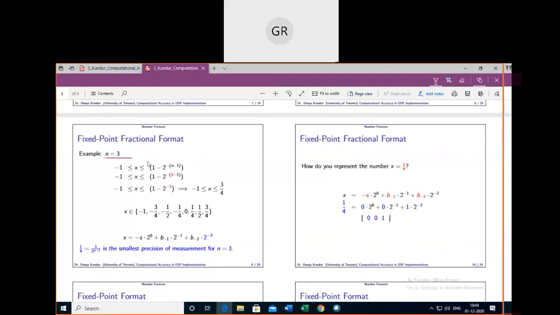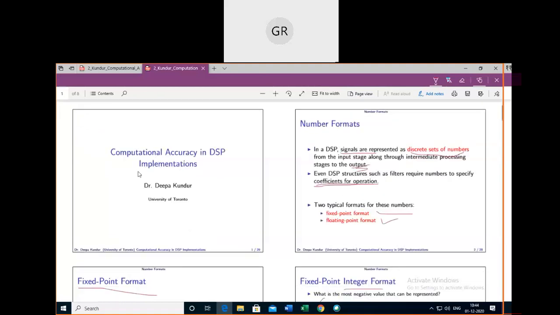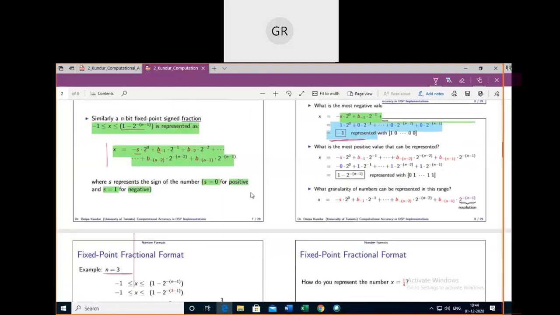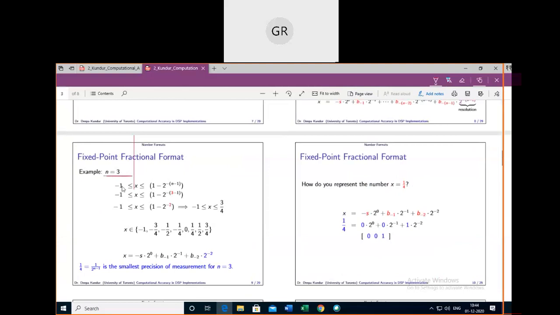What is the most negative value and what is the most positive value in the fixed point fractional number? Here n equal to 3.